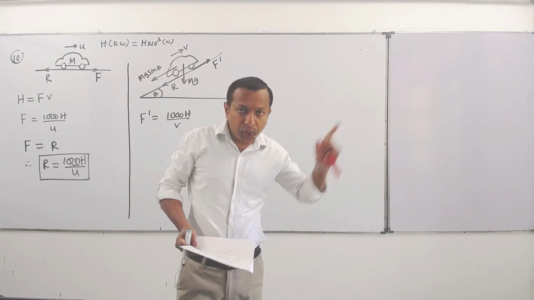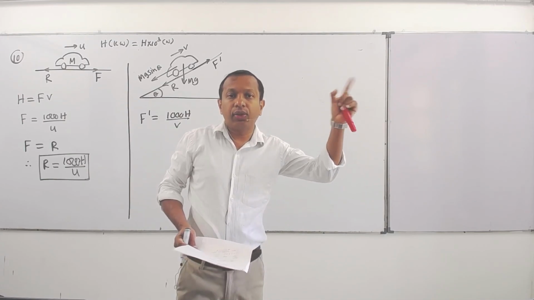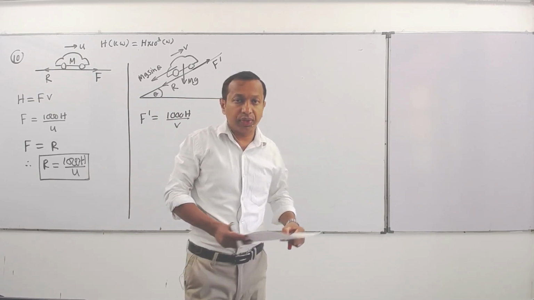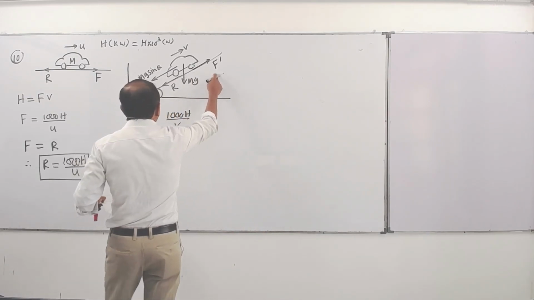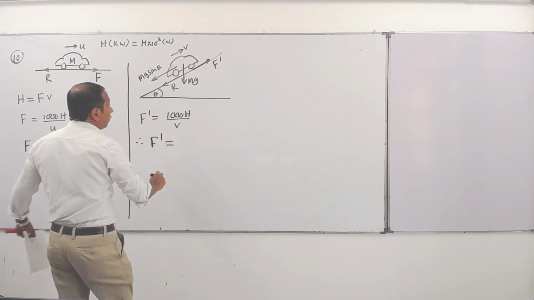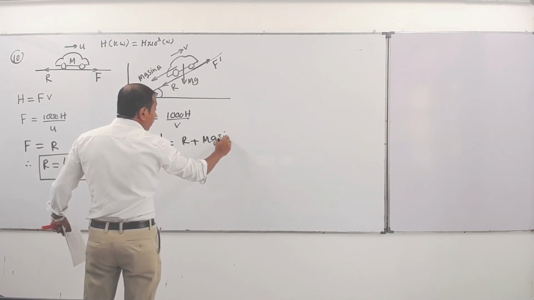It means up along the plane, up along the hill, the total force should be equal to the total force down along the same plane. That means this F dash should be equal to R plus mg sin theta.